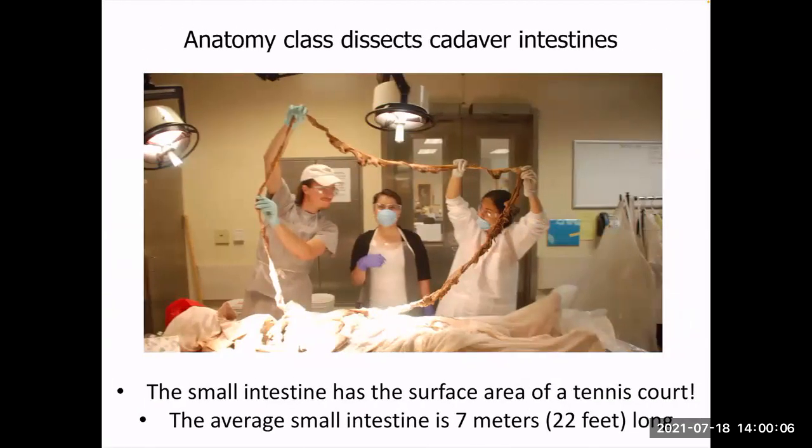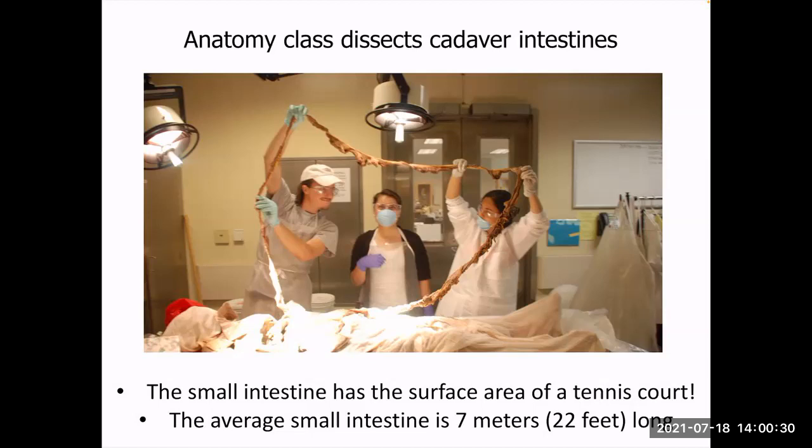So here's an image from an anatomy class years ago, and you can see that the students are taking out the small intestine and seeing how long it is. And this is not even the full length. The average adult has 7 meters. 7 meters is about 22 feet in length.